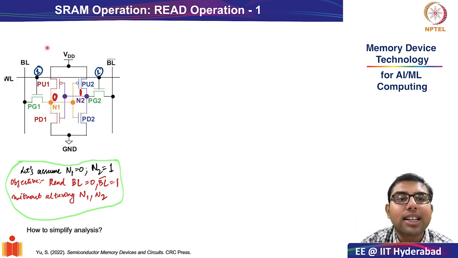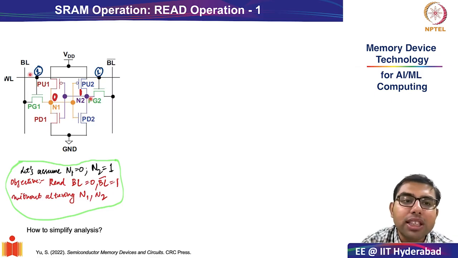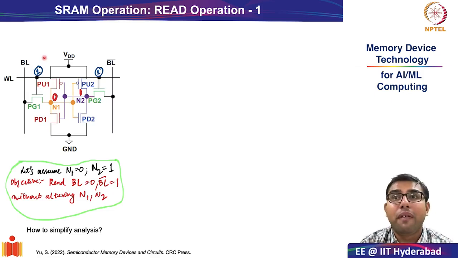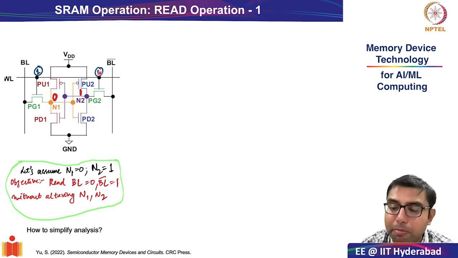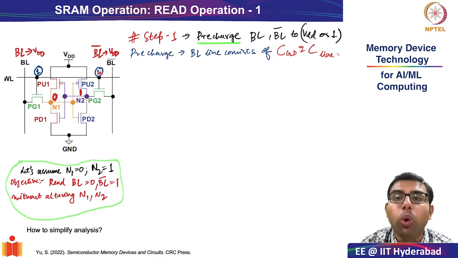So when you assert this word line, it is obvious that pass gate 1 and pass gate 2 will get turned on. This is the first thing which is obvious. We have to turn on the word line. But before that, we have to determine what is the voltage at bitline and bitline bar. And the first thing that we do is we pre-charge the value of bitline and bitline bar to VDD.